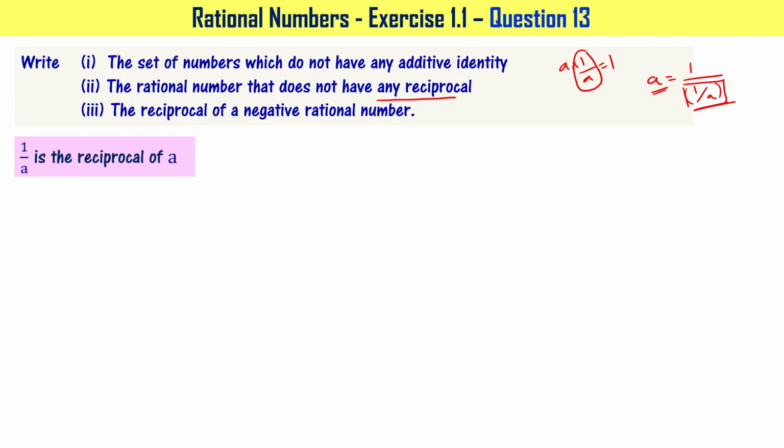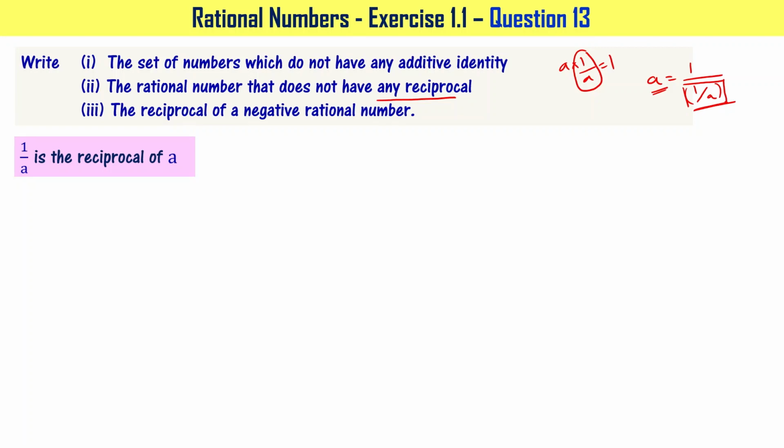Got it? Similarly, you can write reciprocal of number 1, that is 1. Reciprocal of number 2, that is 1 by 2. Reciprocal of 5, that is 1 by 5. What is the reciprocal of 0? Can you say 1 by 0? But that is not a rational number, right?